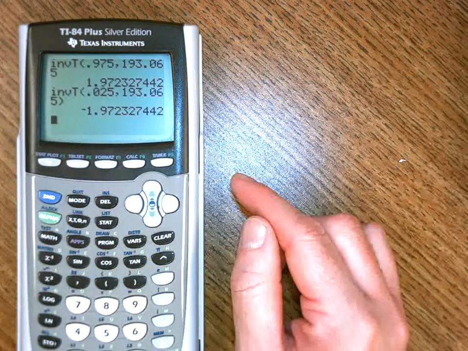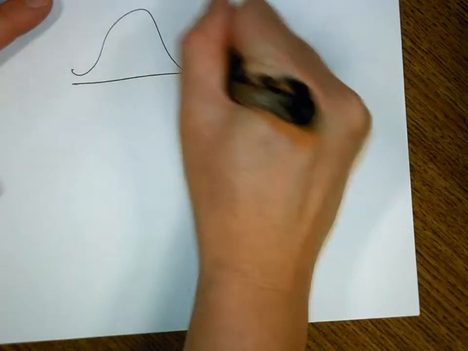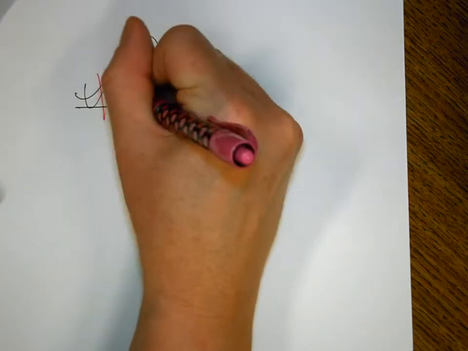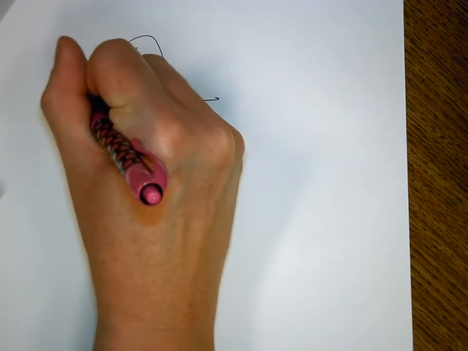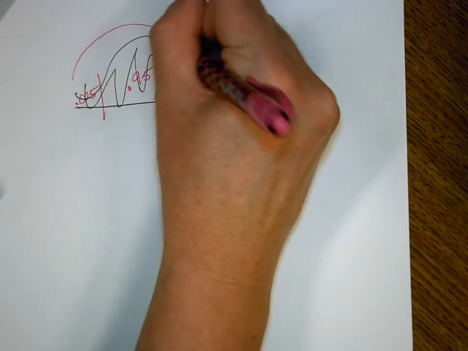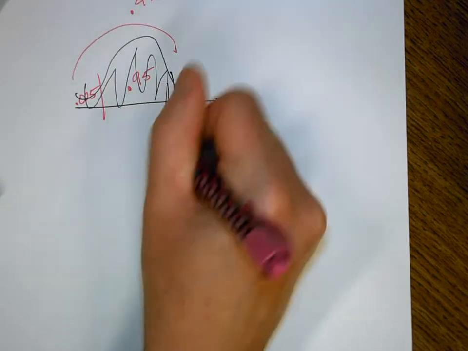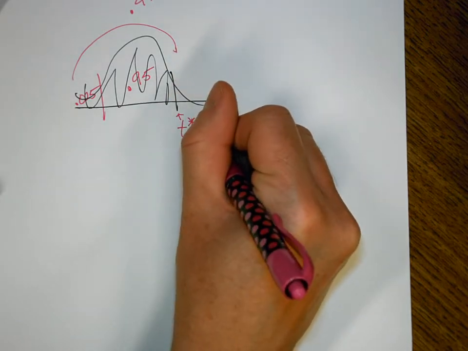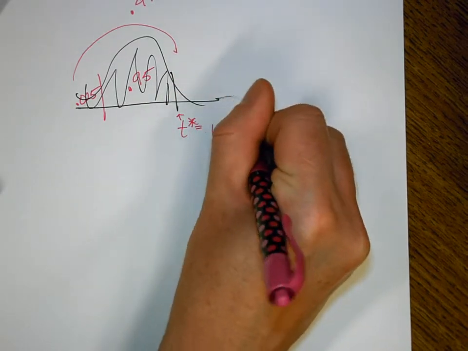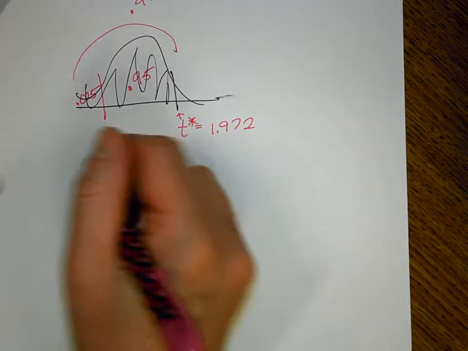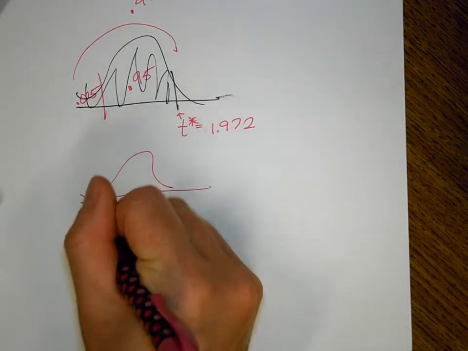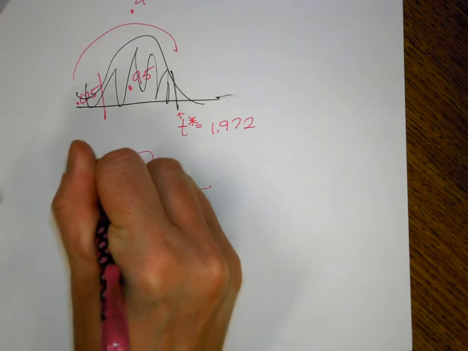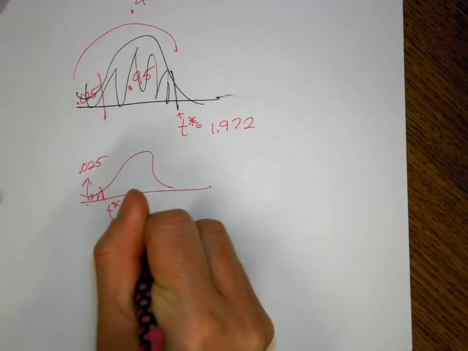So basically I was looking at from here all the way down, if this is the 0.95, this is the 0.025, together is 0.975, and that's what I put in to get this T star of positive 1.972. When I put in just the 0.025, it gave me the bottom one that's negative, T star equal to negative 1.972.